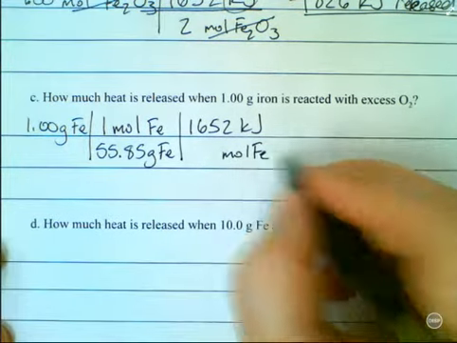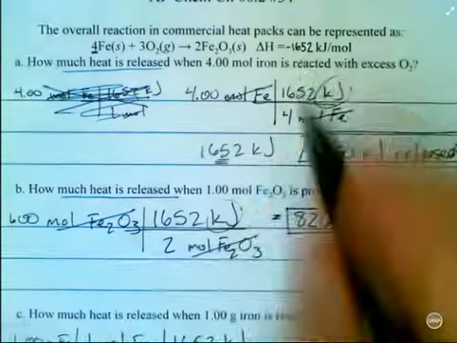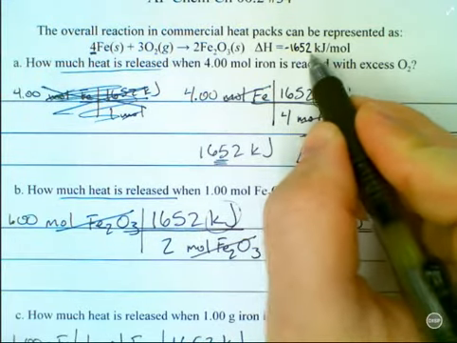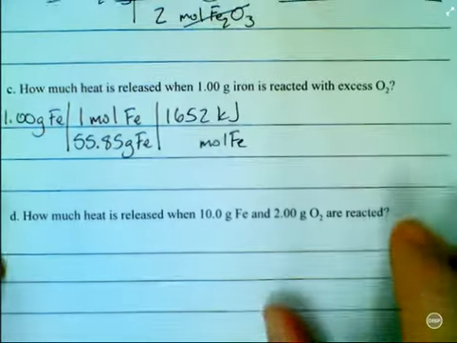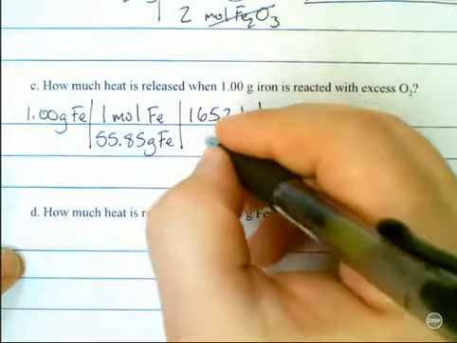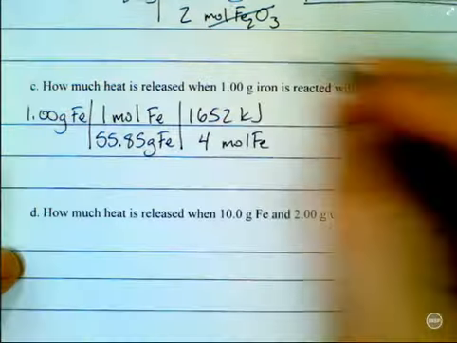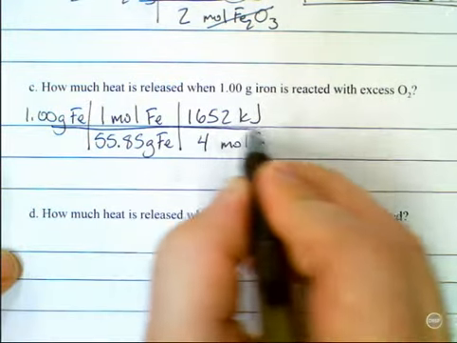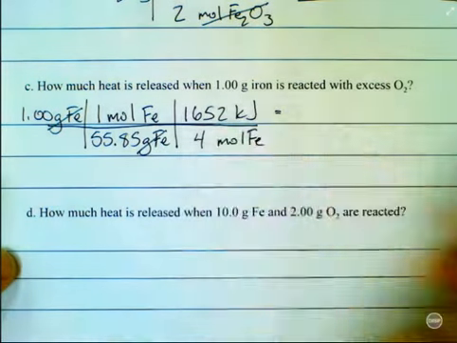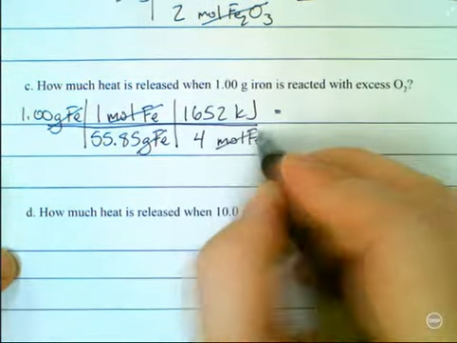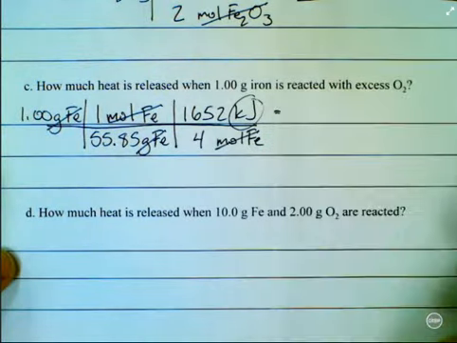And this value for heat is released per how many moles of iron? Per 4 moles of iron. So in this last step, I need to have 4 moles on the bottom. In this situation, grams of iron will cancel, moles of iron will cancel.